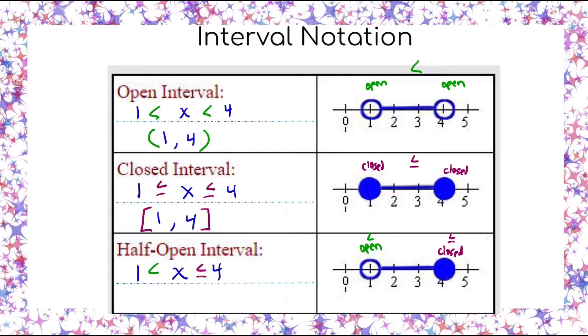And just take a guess. What do you think the interval notation would look like with the parentheses and bracket stuff? I'm still going to have 1, 4, but because I have an open circle on the left, my left boundary will have a round parentheses, and my right one will have the square bracket. So this is telling me on the left side is open, and on the right side is closed.